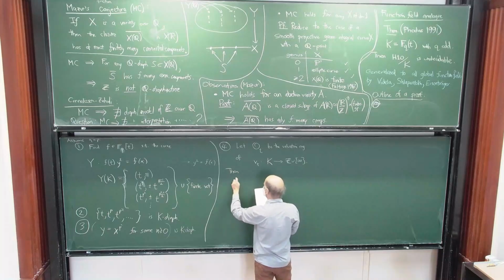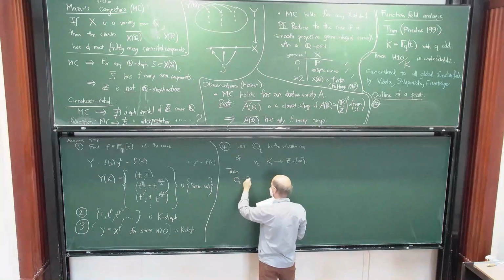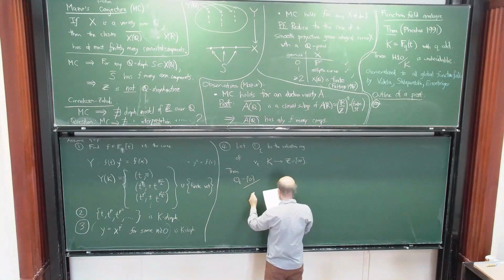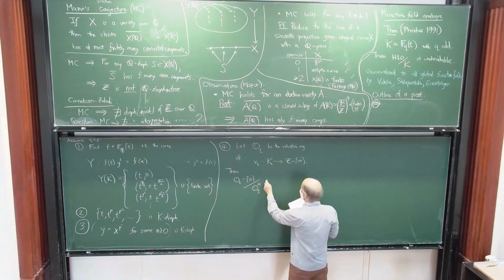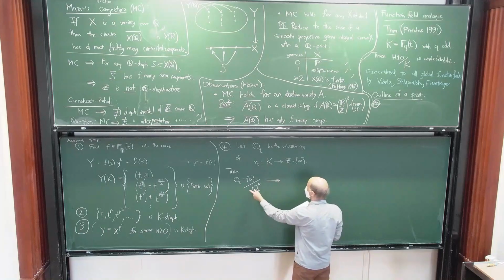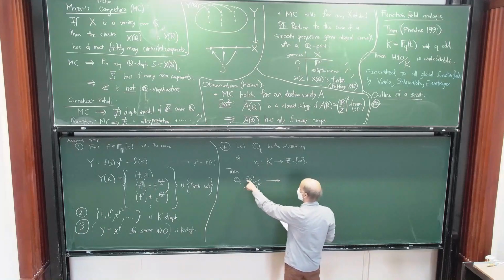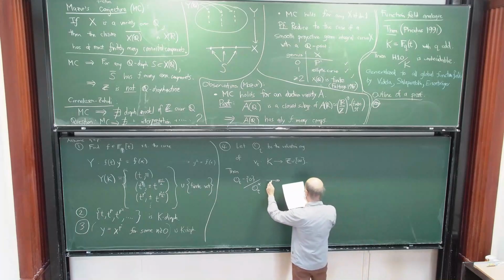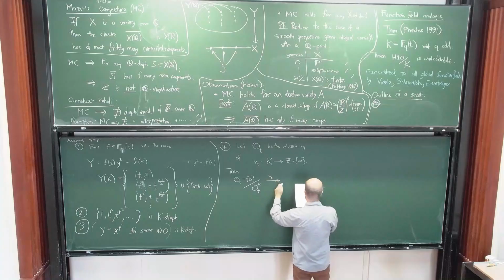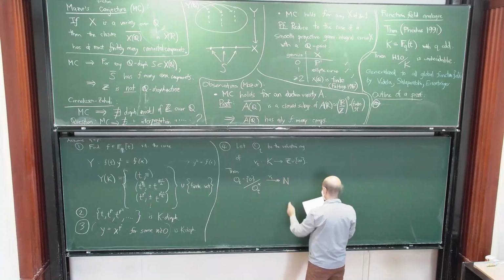If you take the non-zero elements of that valuation ring and quotient out by the unit group, which means forgetting everything about the number except for its valuation, then the valuation defines a bijection between this and the natural numbers.